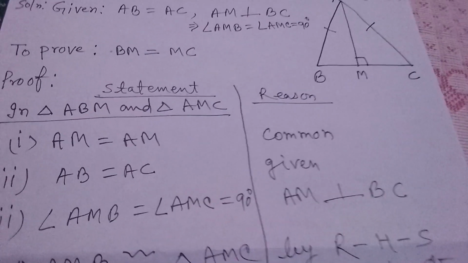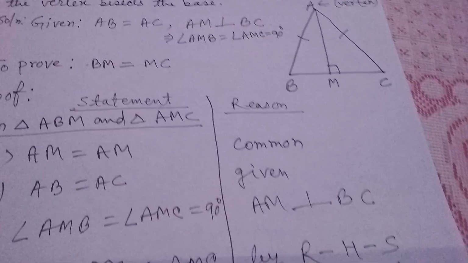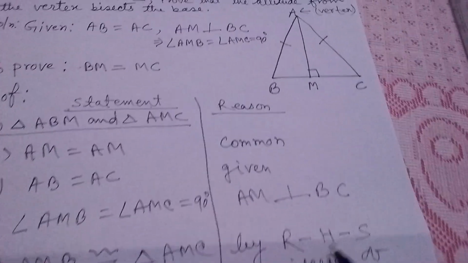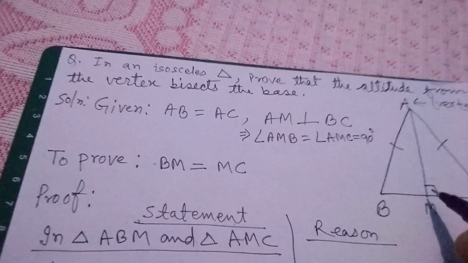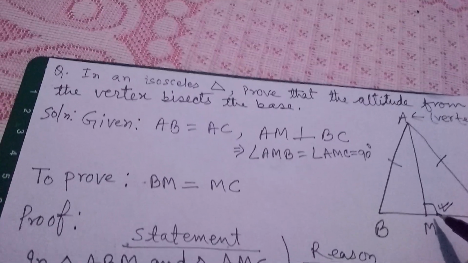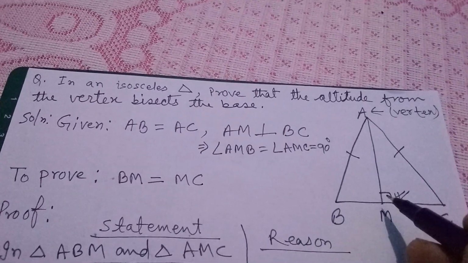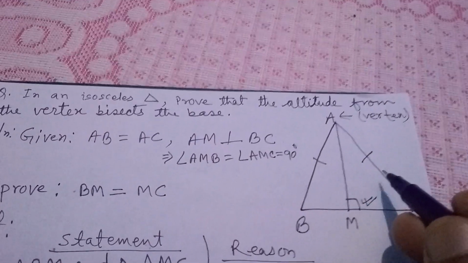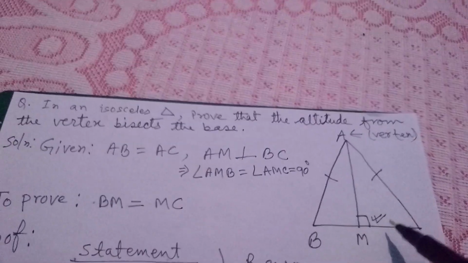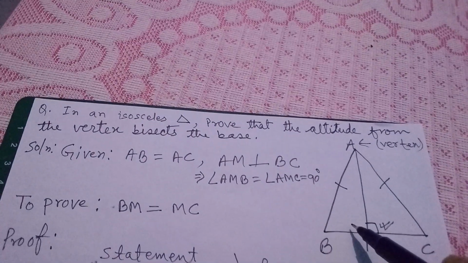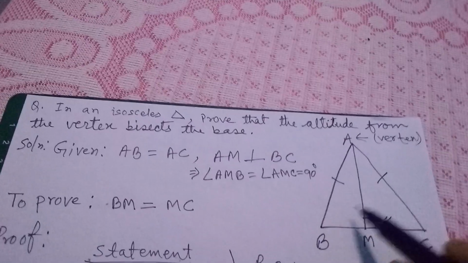Now what does this mean? Right, hypotenuse, side. Right means, always keep in mind, 90 degrees. This is 90 degrees, so this is called right. Hypotenuse means just opposite to 90 degrees, whichever side is there, and here it is AC in this triangle, AB in this triangle, and both these are opposite to 90 degrees.